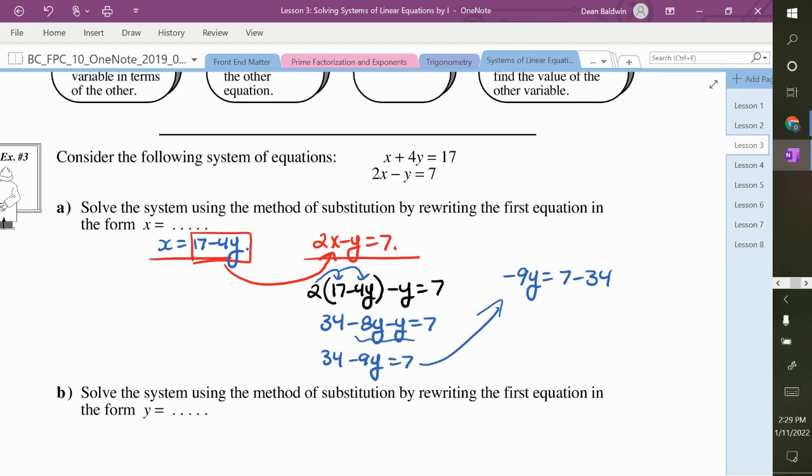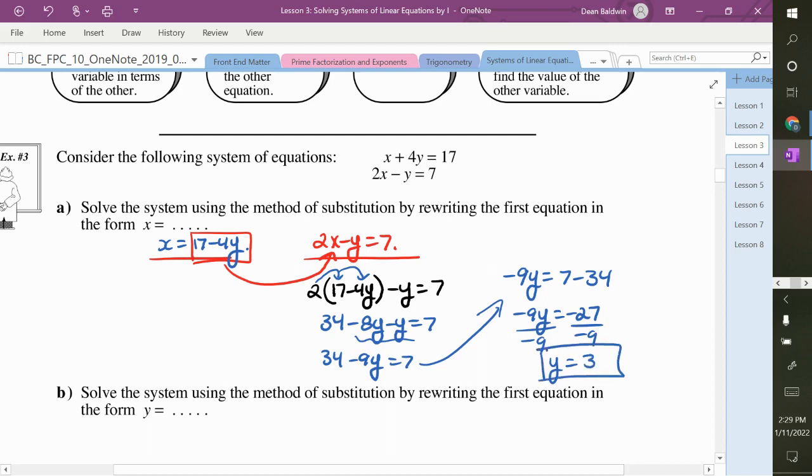What's 7 minus 34? Negative 27. And what's the final step to solve for y? Divide by negative 9. 27 divided by 9 is 3. So y equals 3.